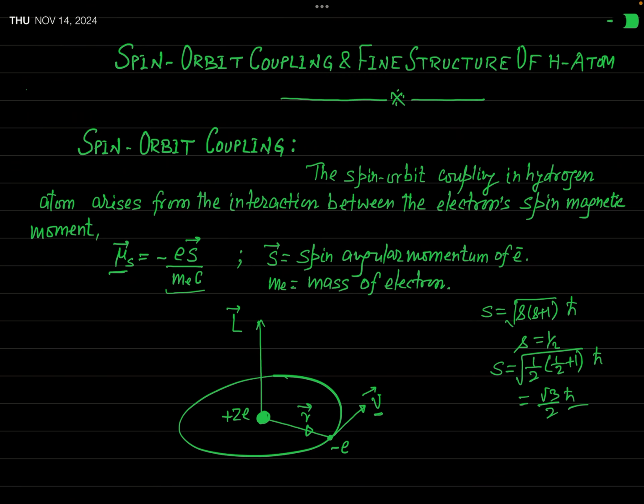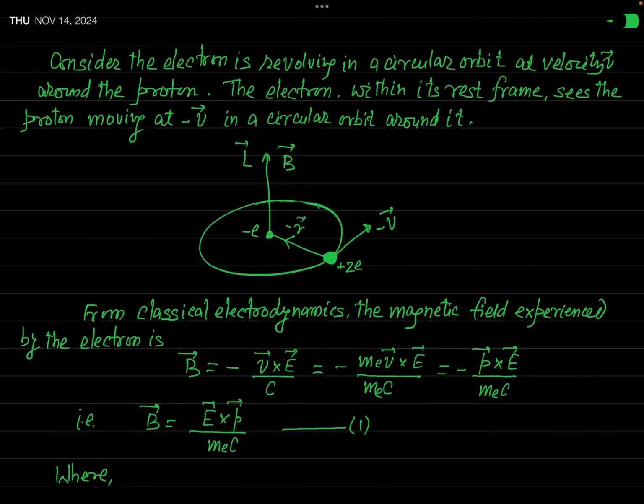In that condition, when an observer observes the proton or the nucleus with respect to the rest frame of the electron, as shown in this figure, such an observer will find that the proton is moving with velocity minus v in a circular orbit of radius r. So in the rest frame of the electron, the proton is in motion, and that proton will produce a magnetic field.